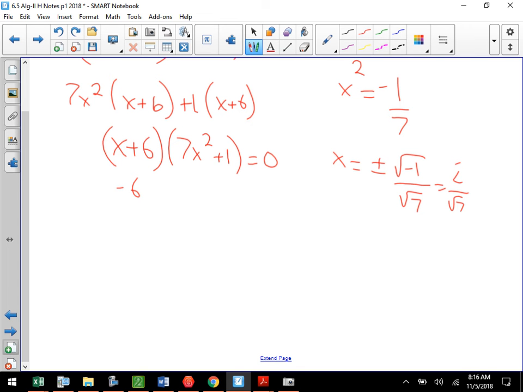It's not too bad at this point, because what do you have to multiply top and bottom by to get rid of the root? Root 7. Okay? So if you multiply the top and bottom by root 7, we're going to wind up with x equaling plus or minus i root 7 over 7. Remember, that's how we rationalize to get rid of the radicals within the denominator, just by multiplying top and bottom by whatever the root was.